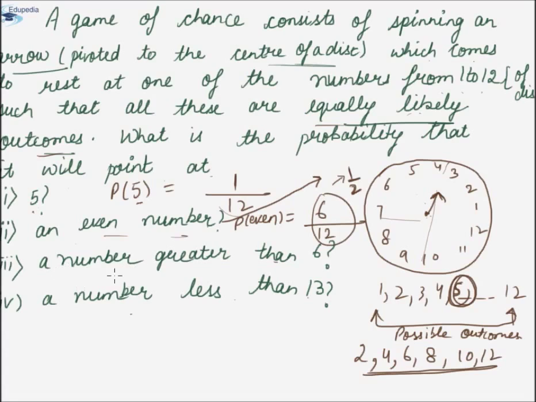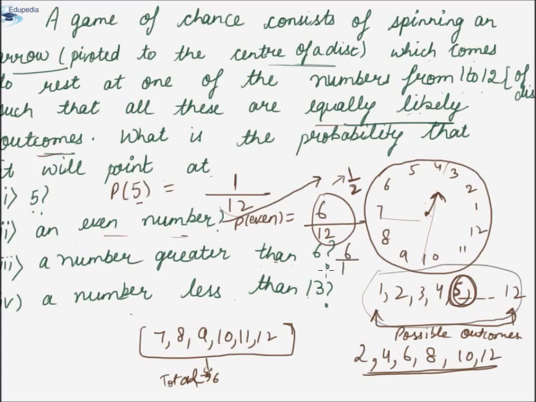Now for the third case, a number greater than 6. The outcomes at which the arrow will point to a number greater than 6 are 7, 8, 9, 10, 11 and 12, which are 6 in number. So again we have favorable outcomes as 6 and total outcomes possible to this experiment as 12.